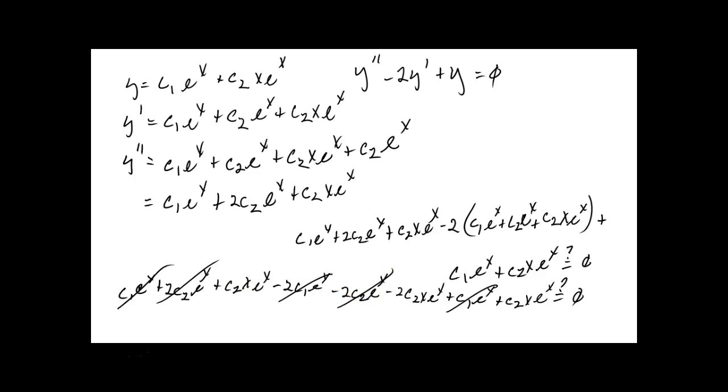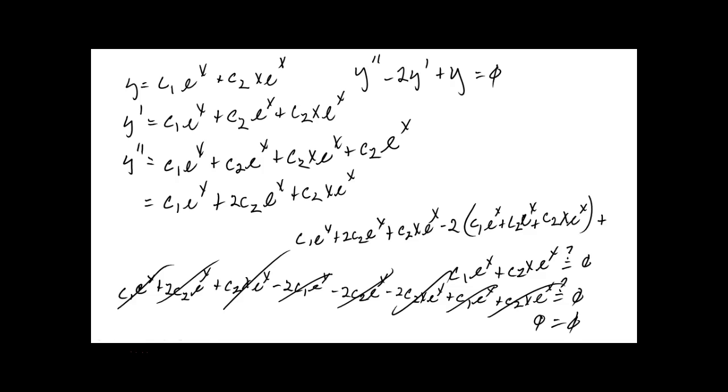Those add to 0. Then you have a C2 x e to the x, another C2 x e to the x, but then a minus 2C2 x e to the x. Yes, they all add to 0. So you wind up 0 is indeed equal to 0. So that two-parameter solution does work. Okay?